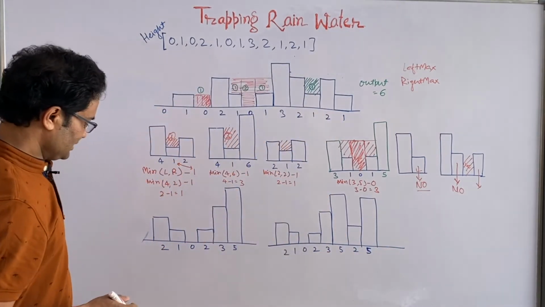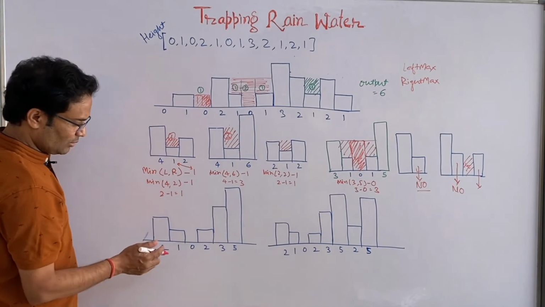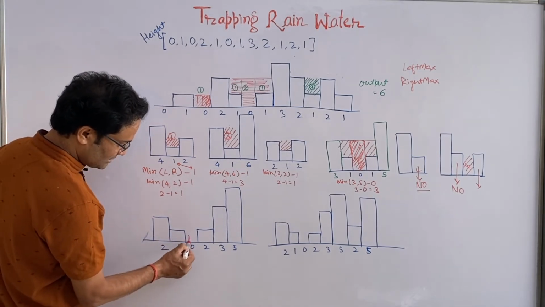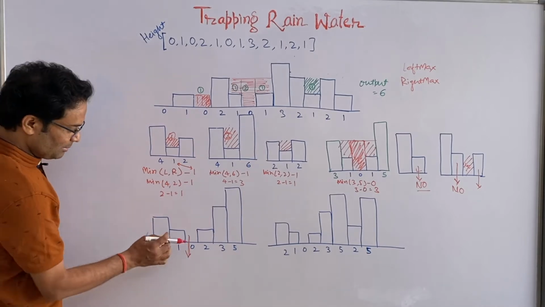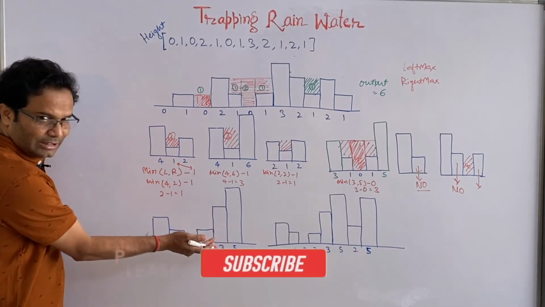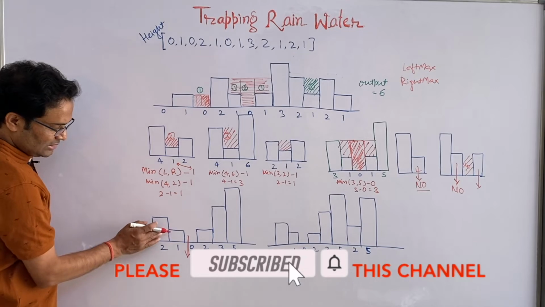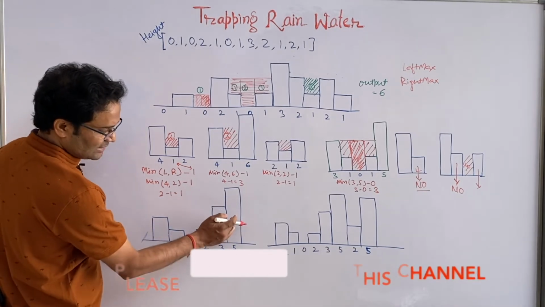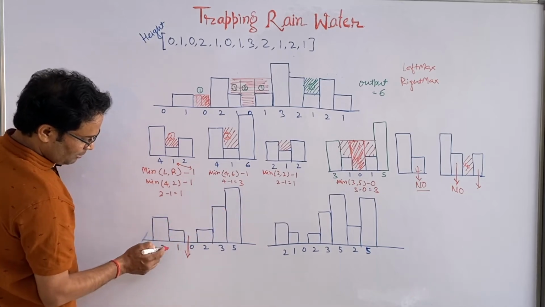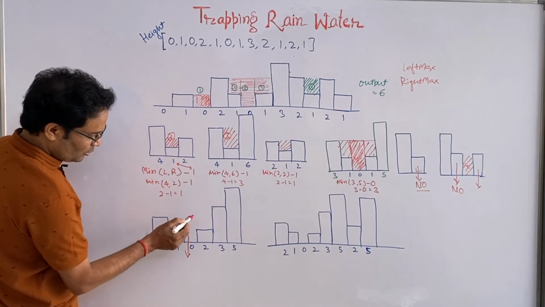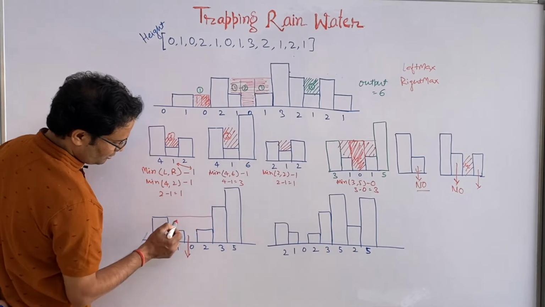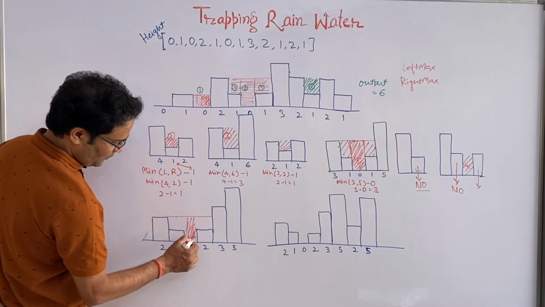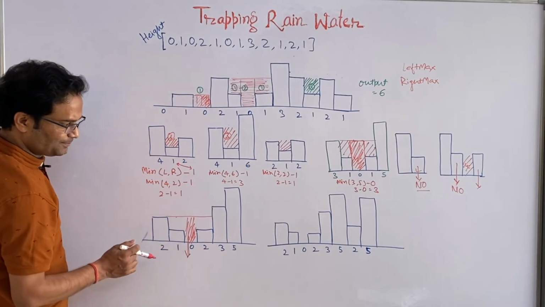Okay, see another case. In this case what will happen? If you want to find out how much water is trapped for this building, you should not depend only upon the adjacent one; you should go to the leftmost highest building. So this is the leftmost highest building here, and the rightmost highest is 5. The minimum between 2 and 5 is of course 2, so this much water we can trap for this building, right?